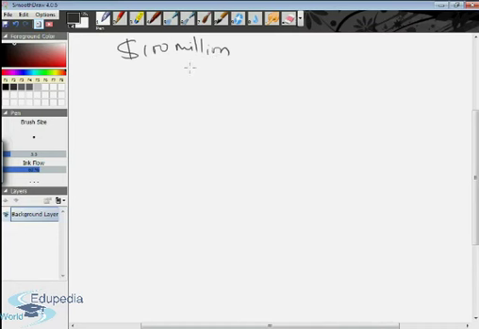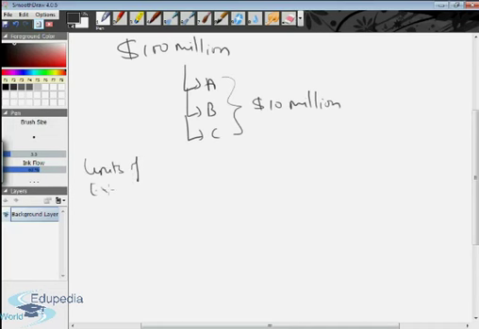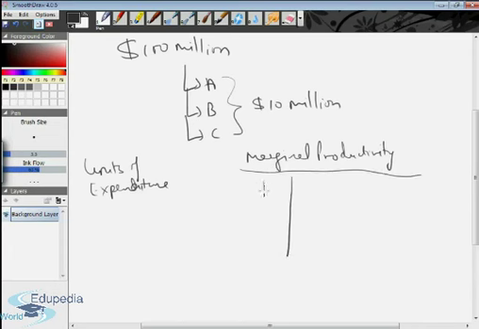This resource the firm can spend on three projects, A, B and C. Each of these three projects requires a unit expenditure of $10 million, and let us suppose that we have the marginal productivity chart of spending on these three projects A, B and C. The unit expenditure is $10 million.